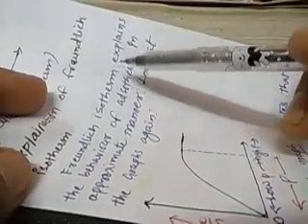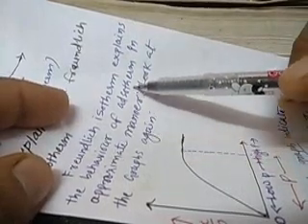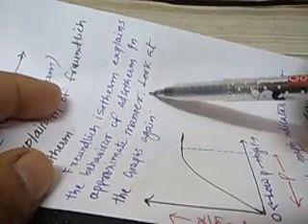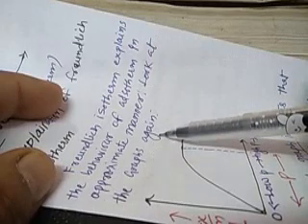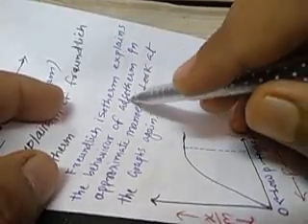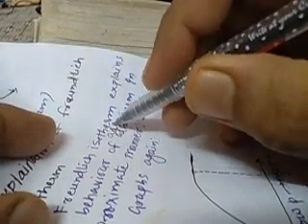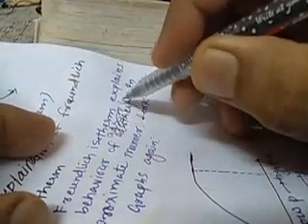Explanation of Freundlich isotherm. So let us try to understand what the Freundlich isotherm explains to us. Freundlich isotherm explains the behavior of adsorption in an approximate manner.